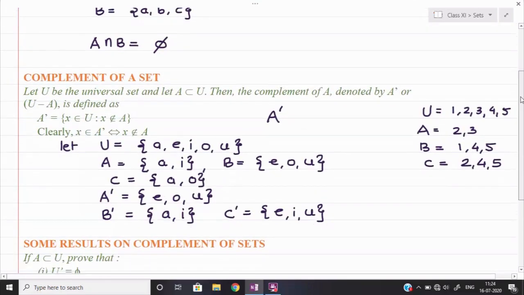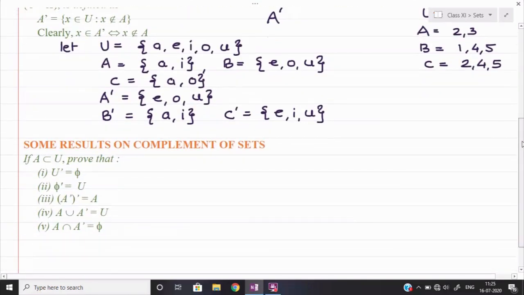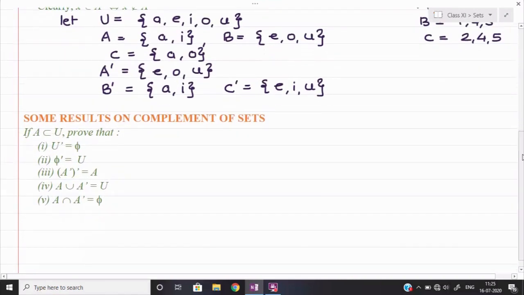See the third one, some results on complement of a set. Here we are not going to prove the results because it is not possible to prove all of them right now. As and when required, we shall prove them a little later. So some results you only need to remember.